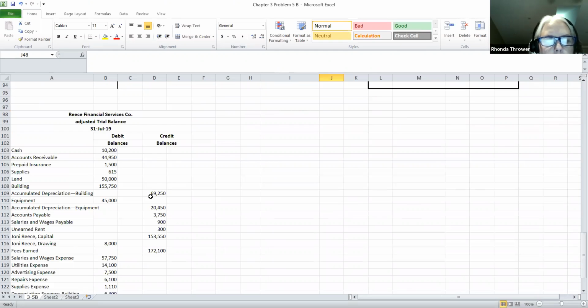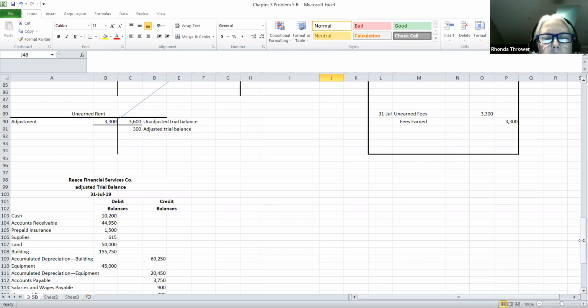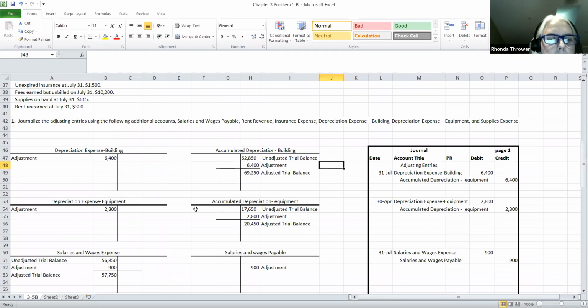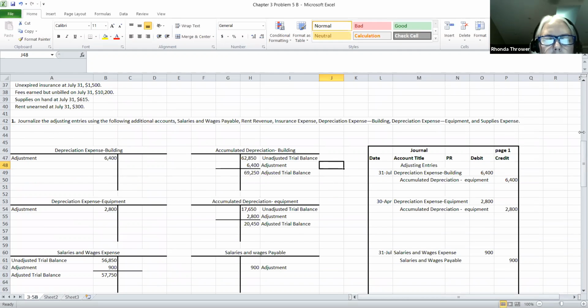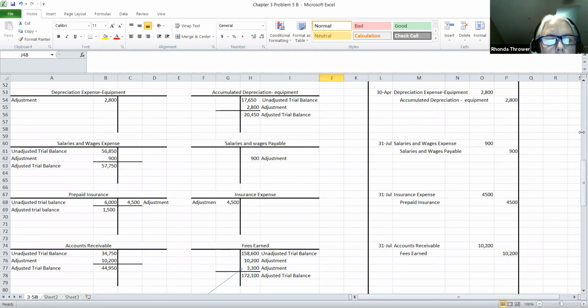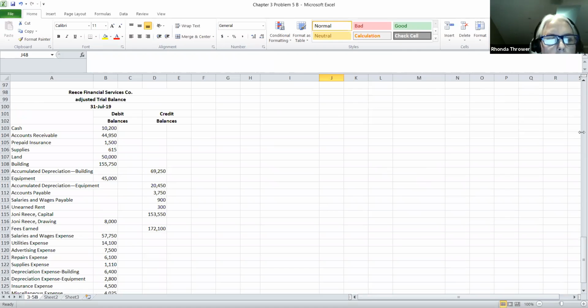Notice it goes under the credit side because it is a contra asset account and should have a normal credit balance. Your equipment is brought down from your adjusted trial balance, and this is the cost of the equipment. We did depreciate it, but we did not do anything to the cost of the equipment account. That's why we brought it forward.